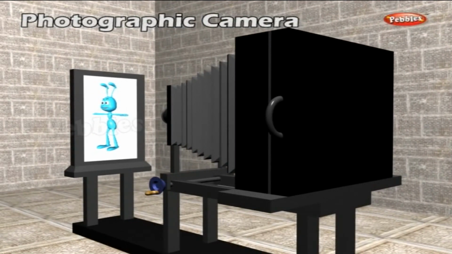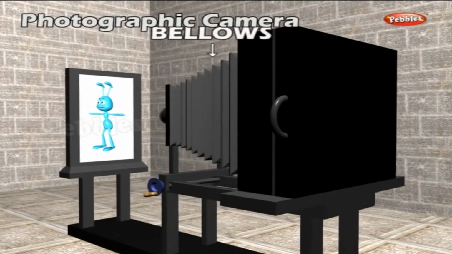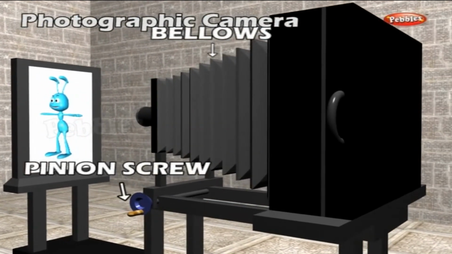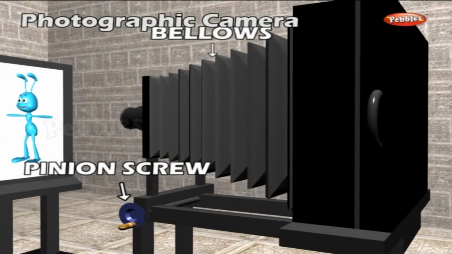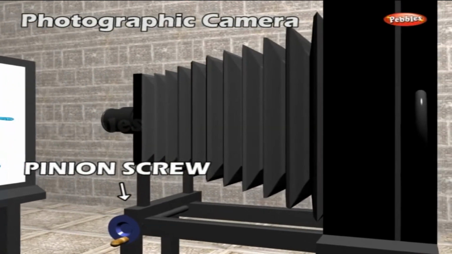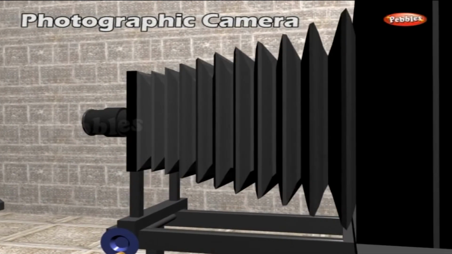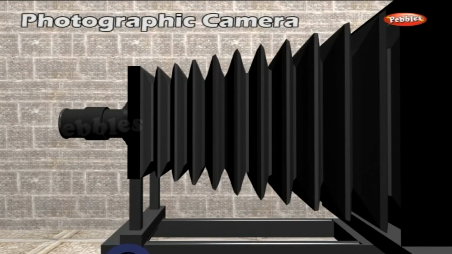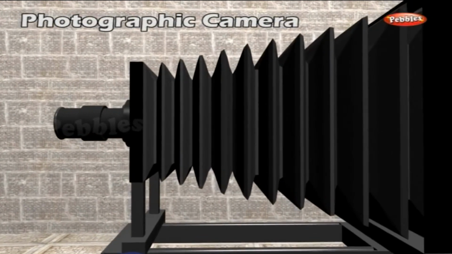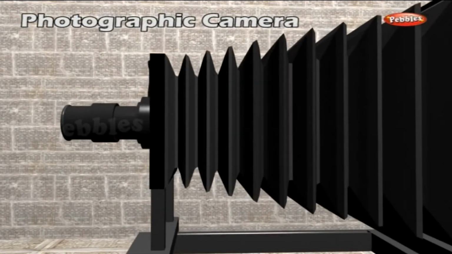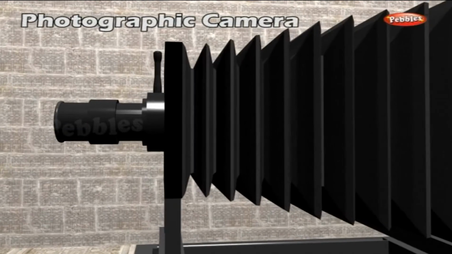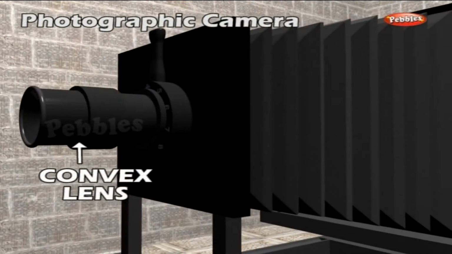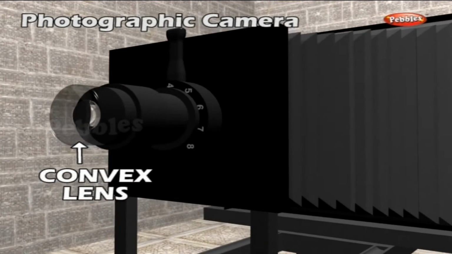The chamber is fitted in front with a leather bellows B, and its length can be changed with a rack and pinion arrangement. In front of the bellows, a convex lens is fitted.